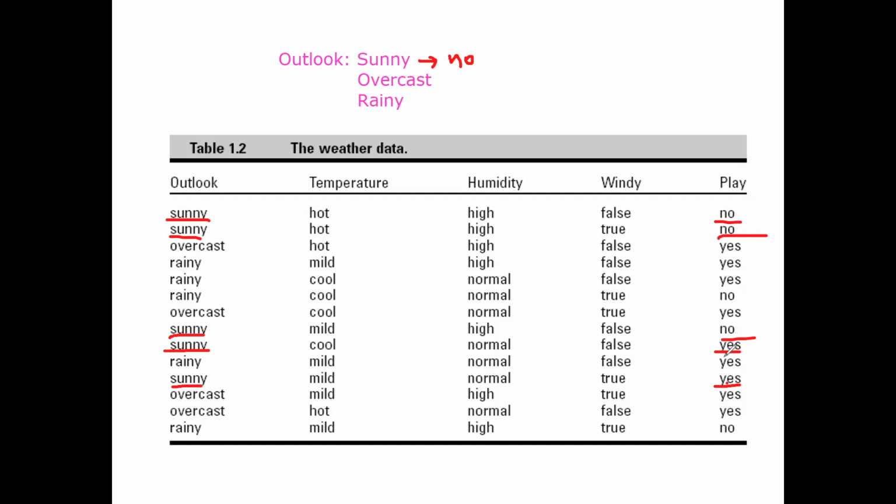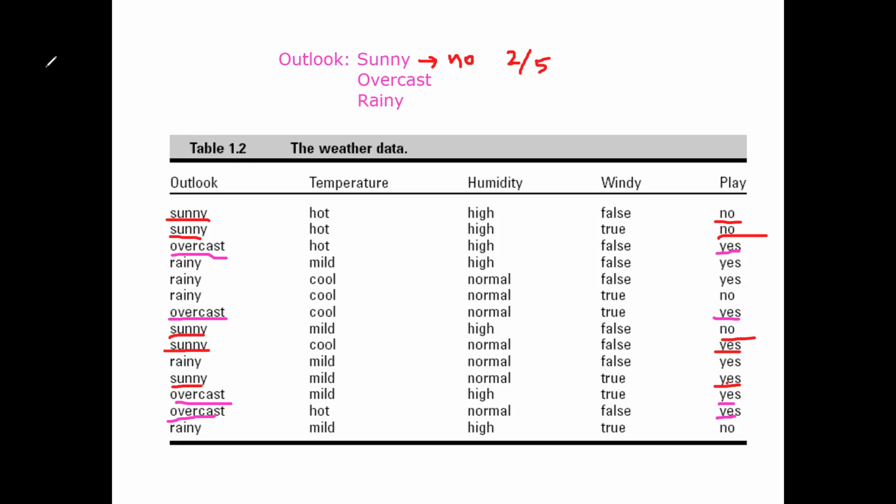What is the error? Then there are two instances, 2 divided by 5. Similar to that, look at overcast. Every time you look at overcast, together with the class label, it is yes and yes.